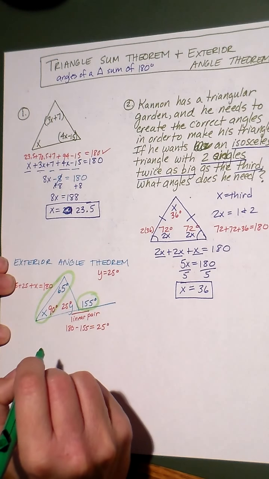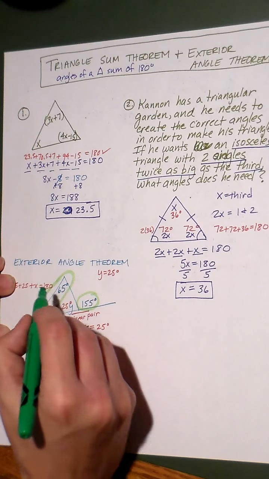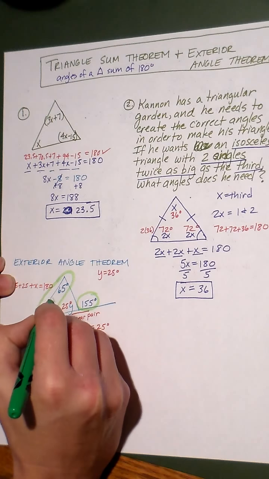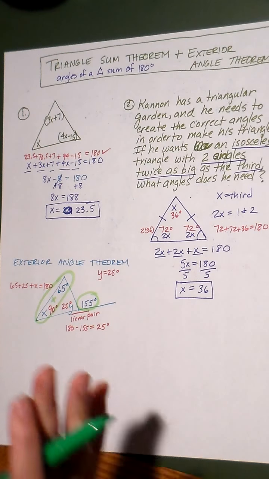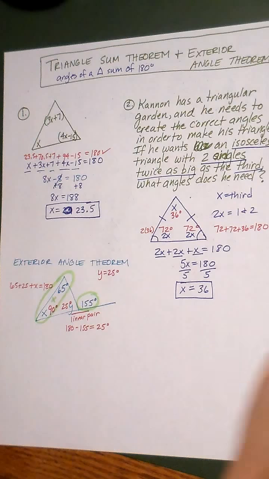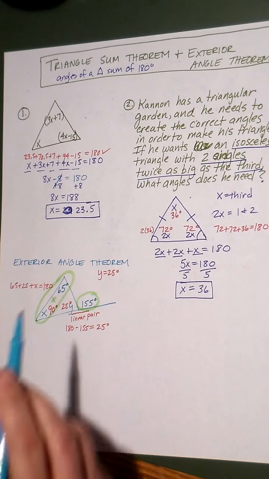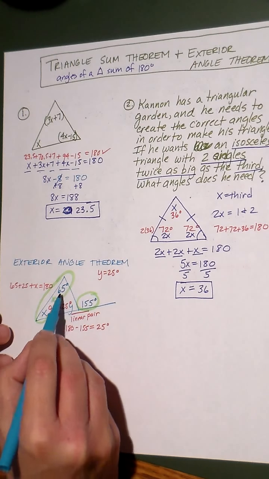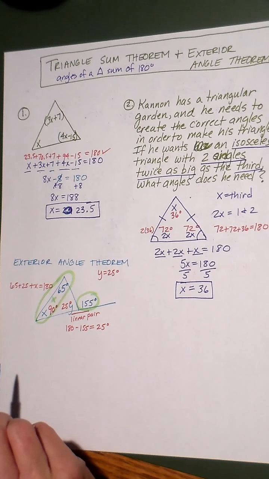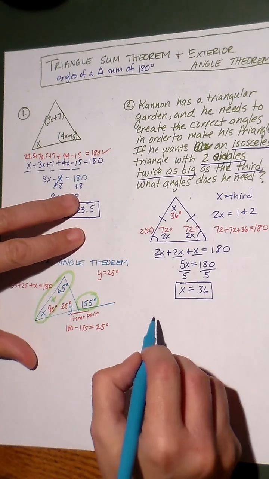It's 155. The exterior angle theorem states that the exterior angle is equal to the sum of the two what we call remote interiors. They're away from it. So without finding the y, you still would have been able to find x, because 155 is going to equal x plus 65. Now, let me give you another example of this.